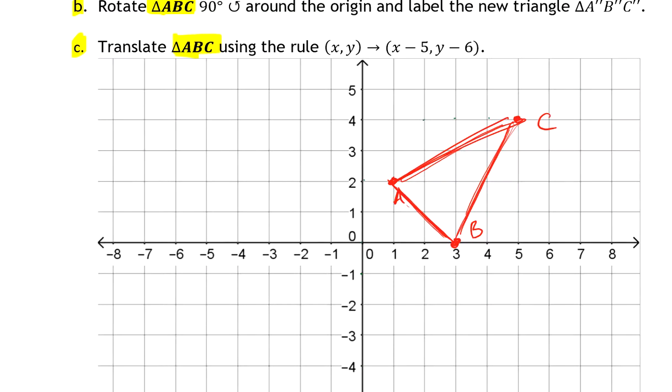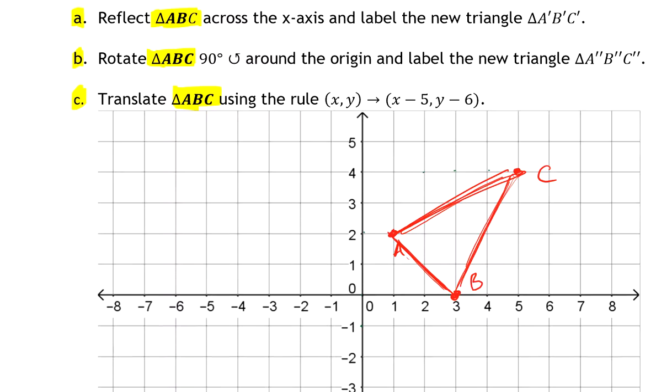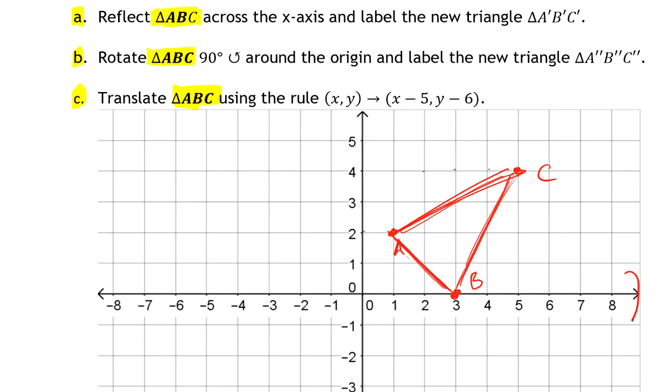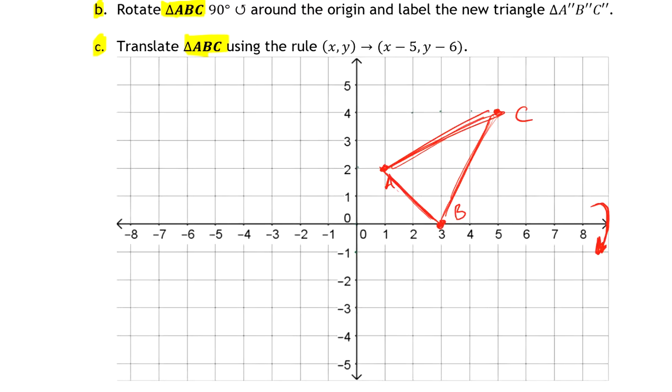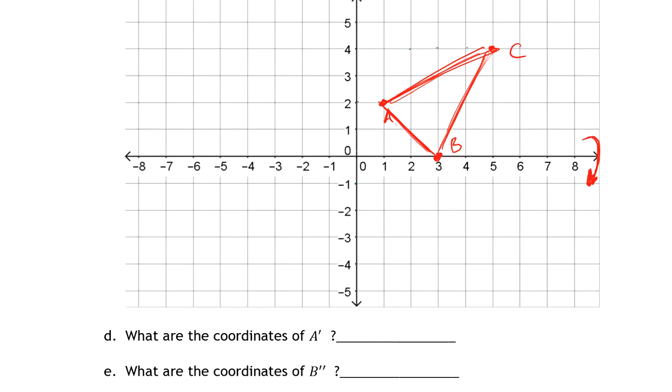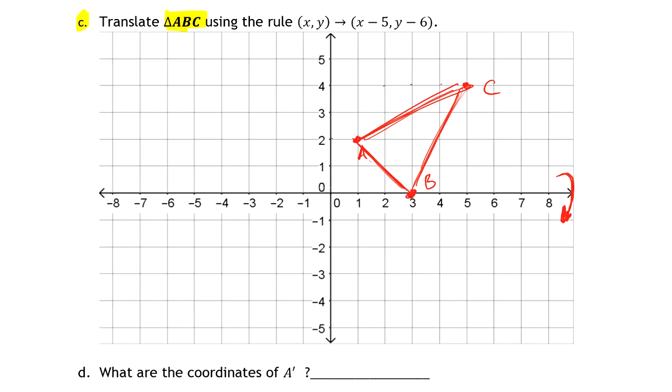The first thing I'm asked to do is to take that triangle and reflect it across the x-axis, right? So everything is just going to flip over on this x-axis. I'm going to get a mirror image of it just across the x-axis. So when I do that, B is going to go to itself, this will be the new B, I'll call this B prime.